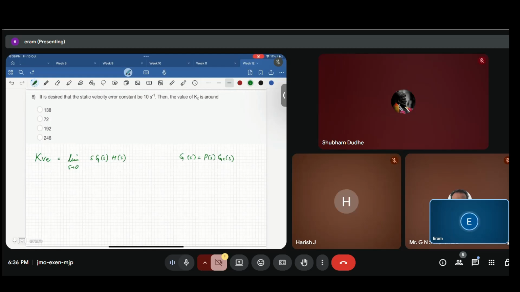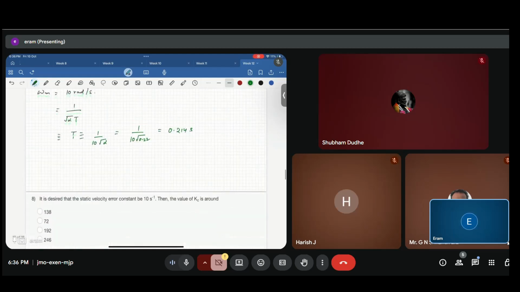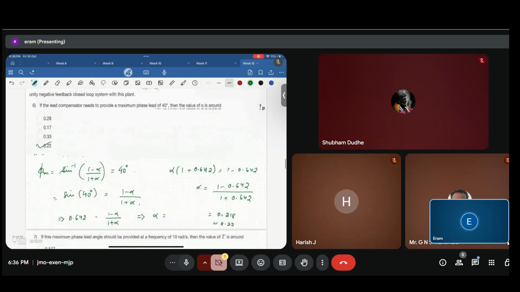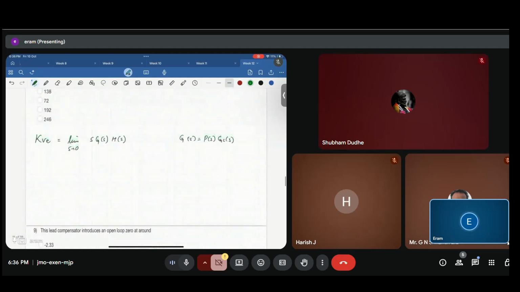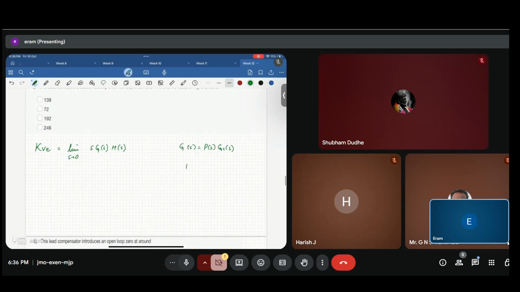So this Kv should be equal to 10 per second. Now what values are we given? We are given the plant transfer function. P(s) is 1 by s into (s plus 3). And what is Gc(s)?